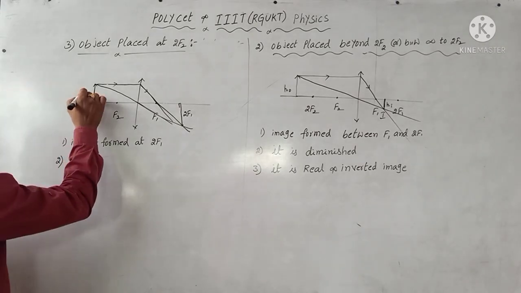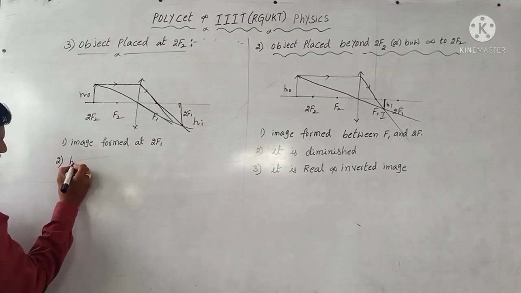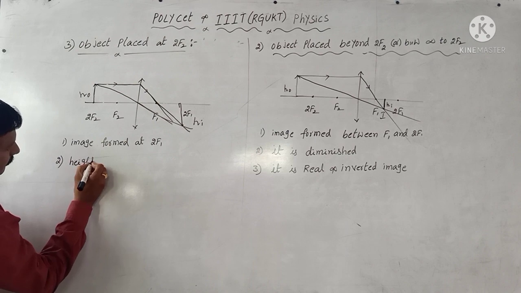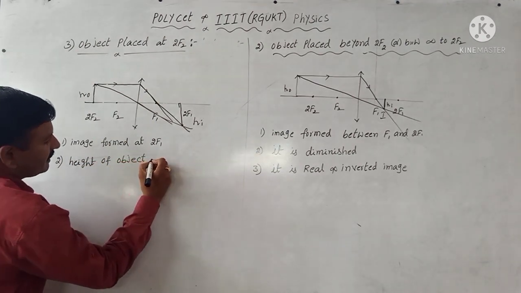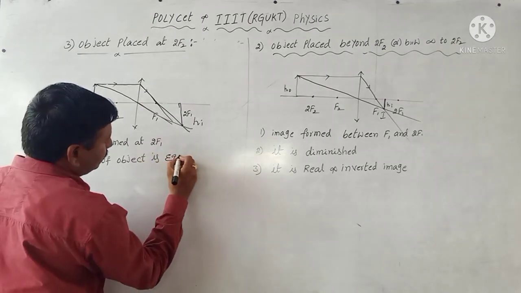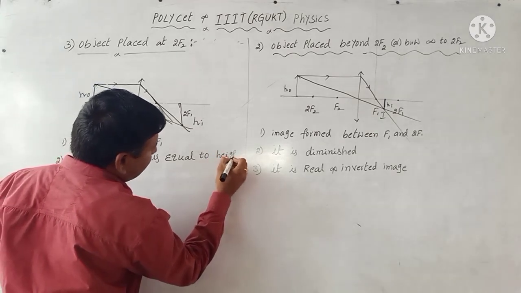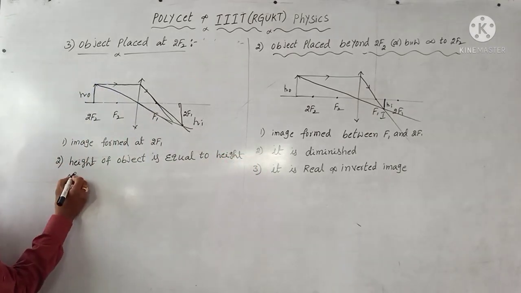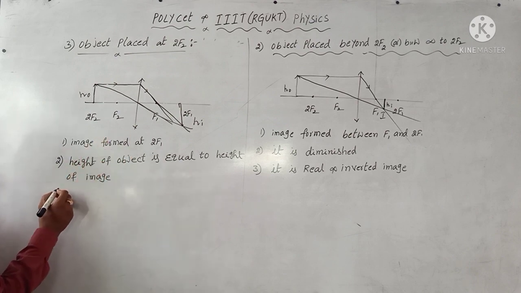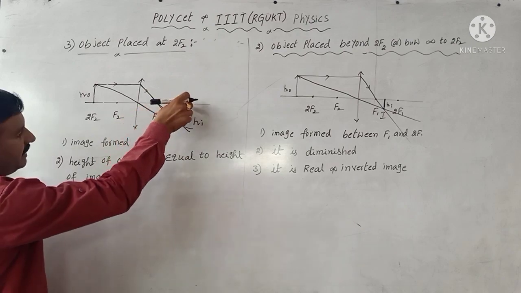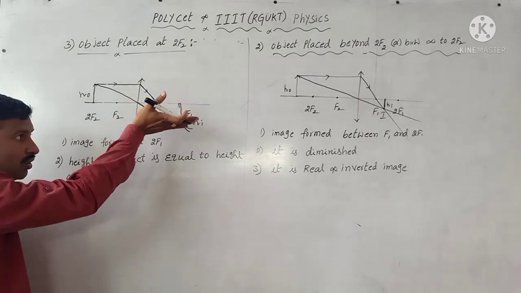Height of object is equal to height of image. Next, the image is formed vertically down, below the principal axis.